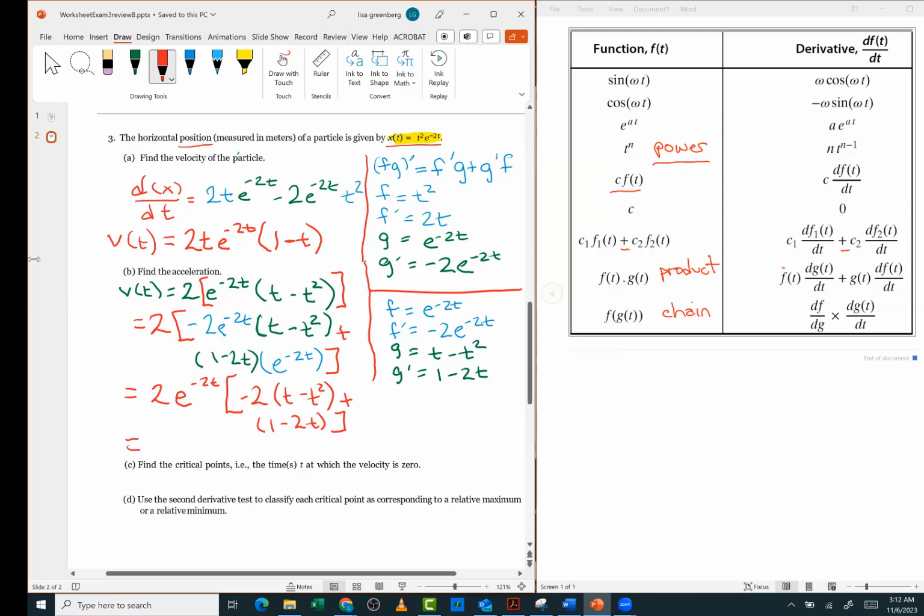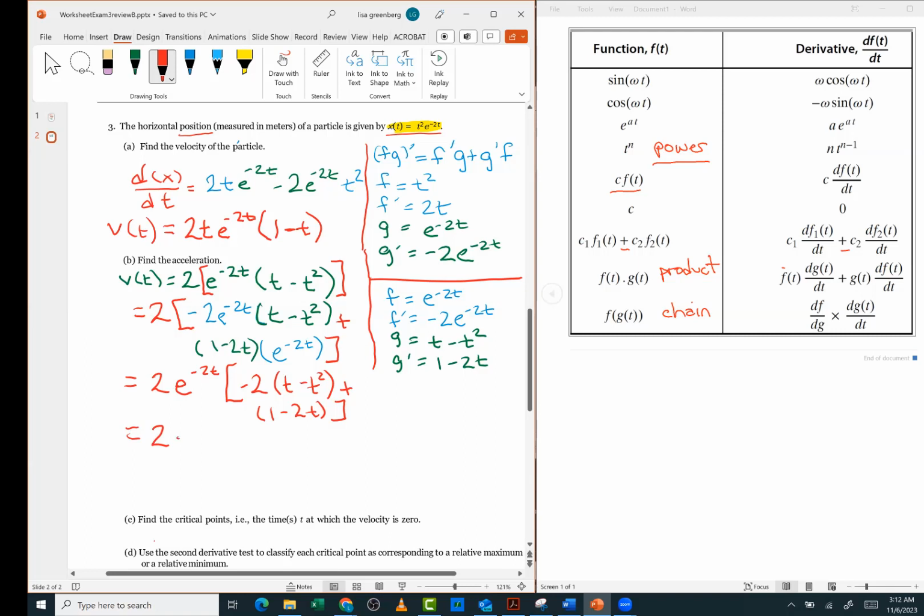This is equal to e to the minus 2t times minus 2t plus 2t squared plus 1 minus 2t, which equals 2e to the minus 2t times 2t squared minus 4t plus 1.